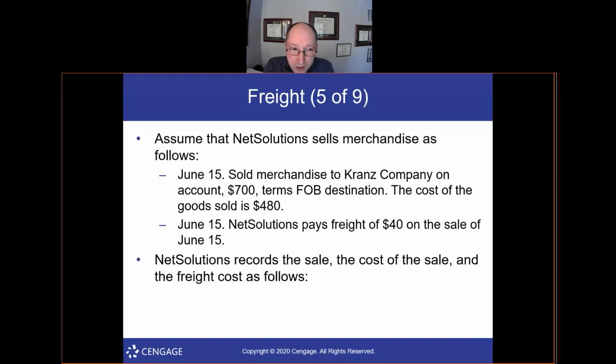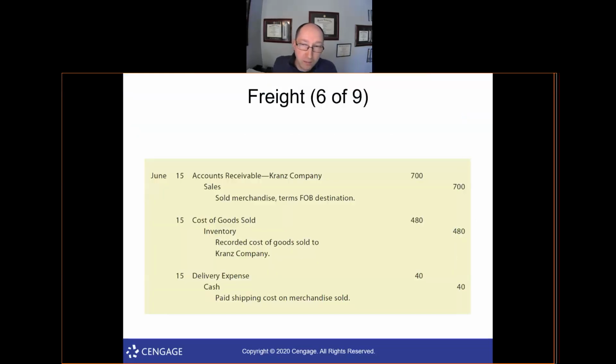We would credit sales for the $700, right? Then we would debit cost of goods sold $480, and we would credit inventory $480. Then there's some freight involved. So the last transaction, we would debit delivery expense $40 and credit cash.